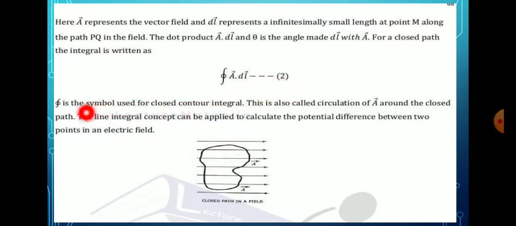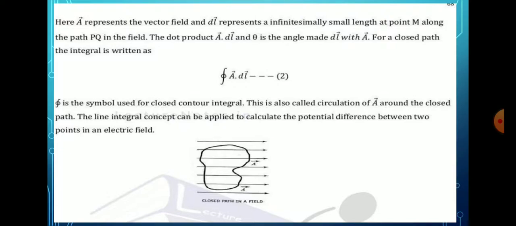Here the symbol is used for the closed integral. It is also called the circulation of A bar around the closed path. The line integral concept can be applied to calculate the potential difference between points in the electric field. Okay, this is the explanation about the line integral.